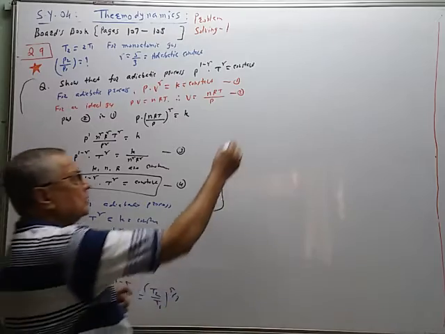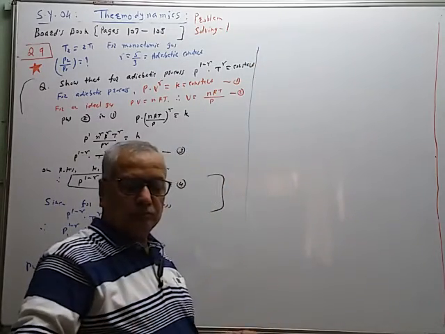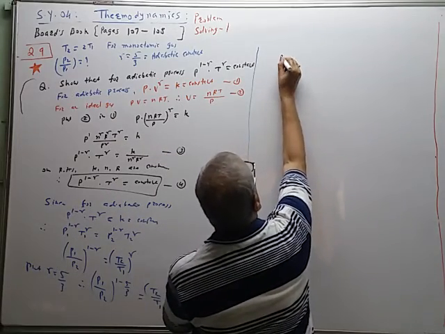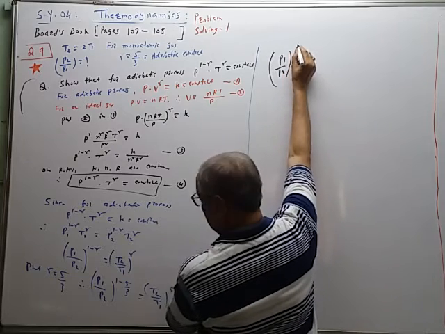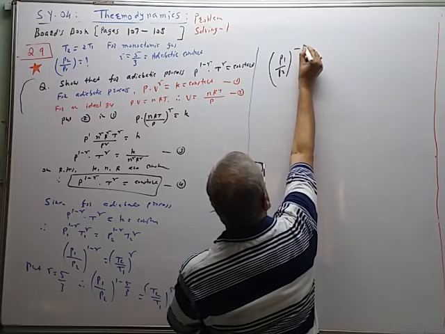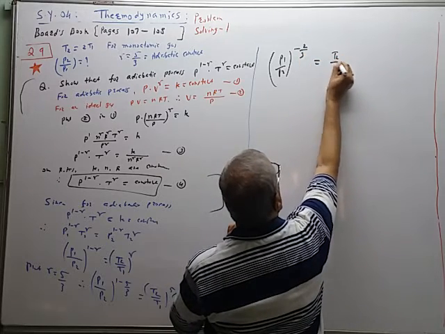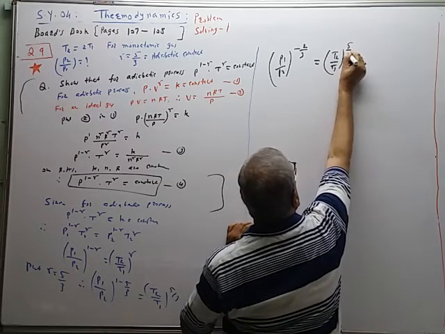Therefore, P1 upon P2 raised to minus 2 by 3 is equal to T2 upon T1 raised to 5 by 3.